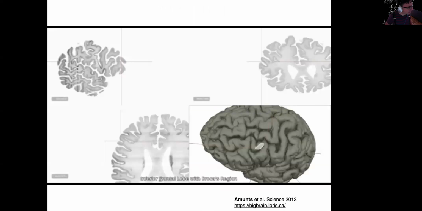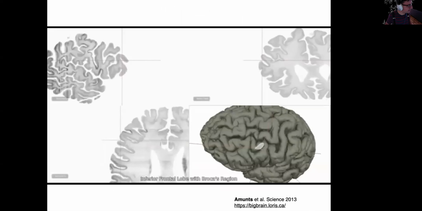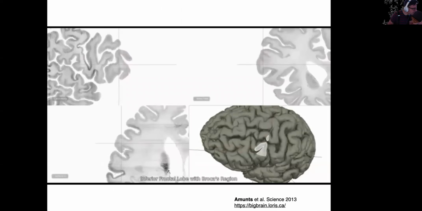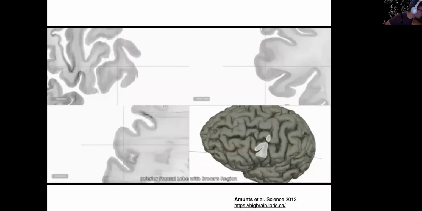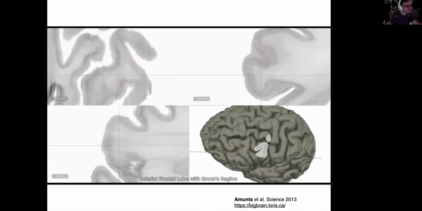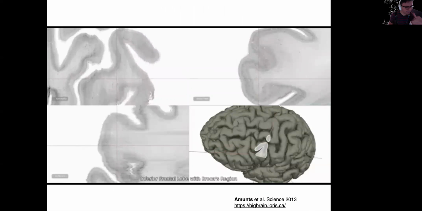We looked at the BigBrain, which is a fantastic resource which allows you to peer really inside the cortex at the microscopic resolution. And those slides are cell stain, and you're able to identify and see the soma of neurons.